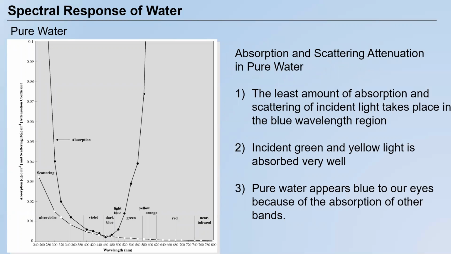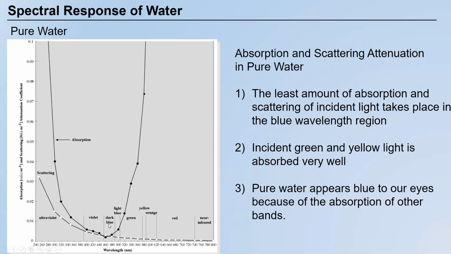And now I want to show you the spectral response of pure water first, because we're going to talk about spectral response of water bodies. Okay? So on the left side, we have this figure with two curves.